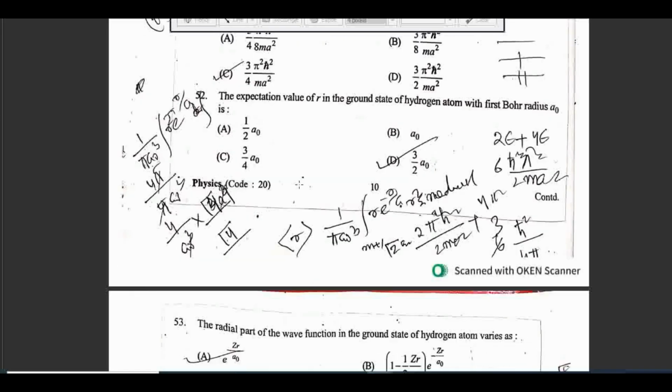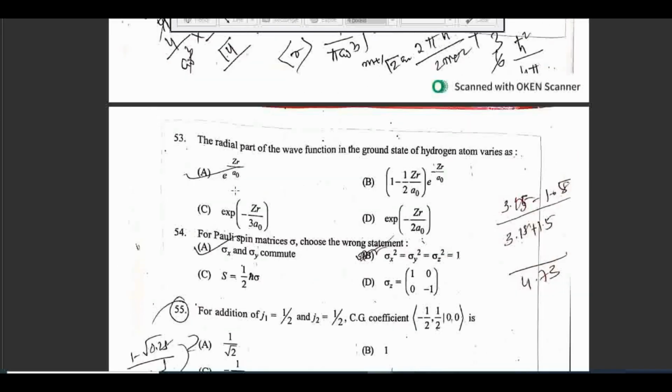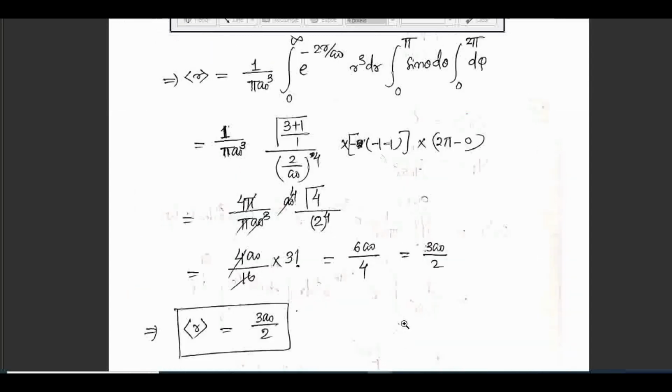Now coming to the 53rd question, it is given that the radial part of the wave function in the ground state of the hydrogen atom varies as what? How is the radial part varying in the ground state? We have come across the wave function, and it looks like this.